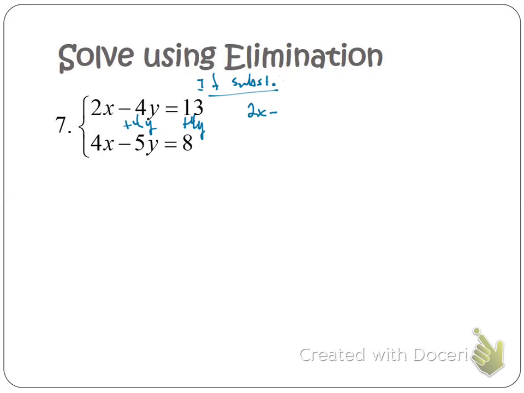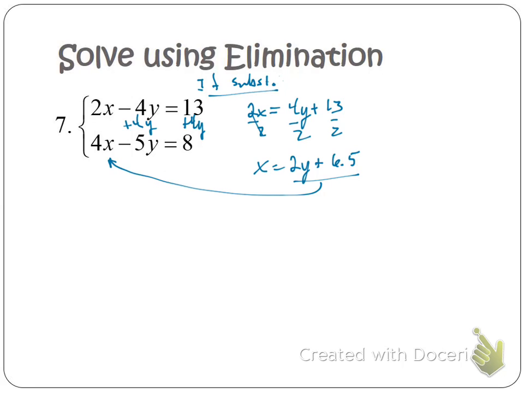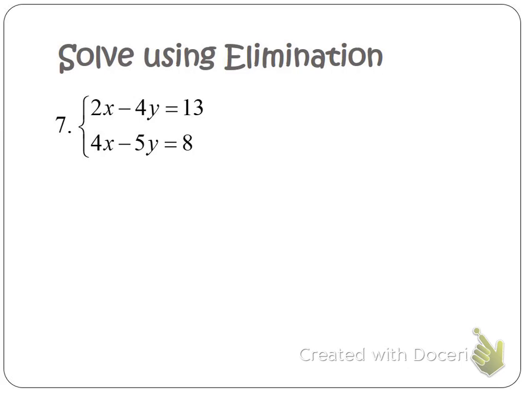So I would have taken the first equation and solved it for x. And you get x equals 2y plus, we'll make this a decimal, 6.5. Then you could take 2y plus 6.5 and plug it in for that x. But it's a little bit more work, right?